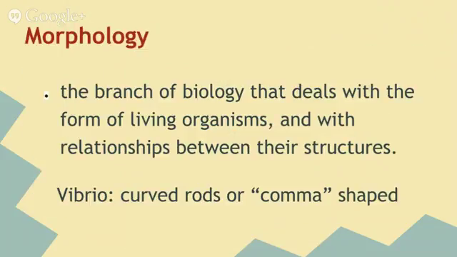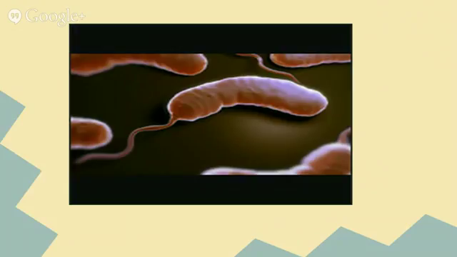Morphology is the branch of biology that deals with the form of living organisms and the relationship of their structures. Cholera is what's called a vibrio, which means it has the shape of a curved rod, or a comma. Here's a better image where you can see that comma shape, and that's cholera as well.